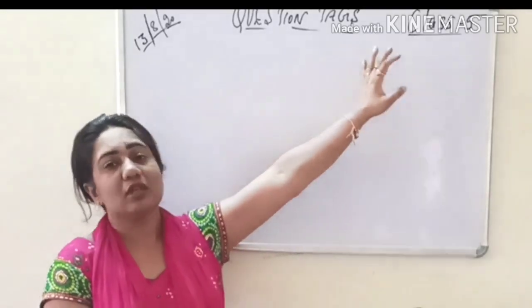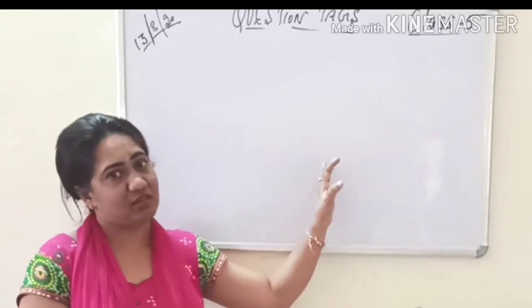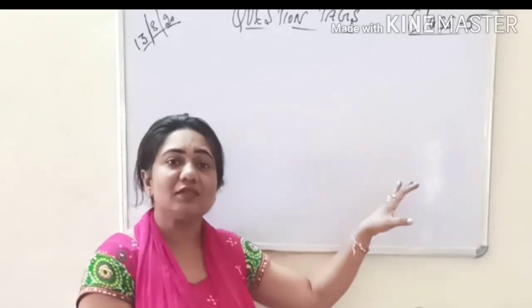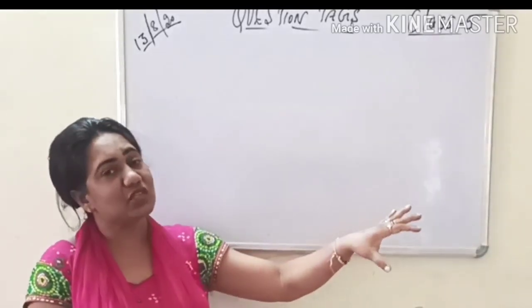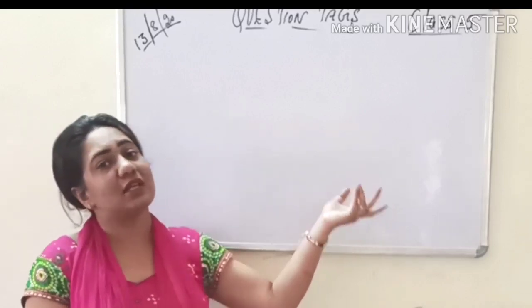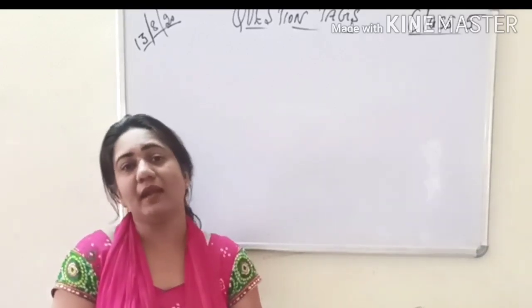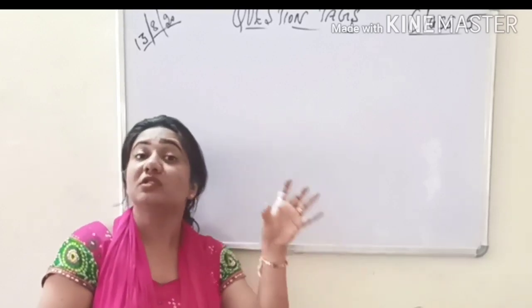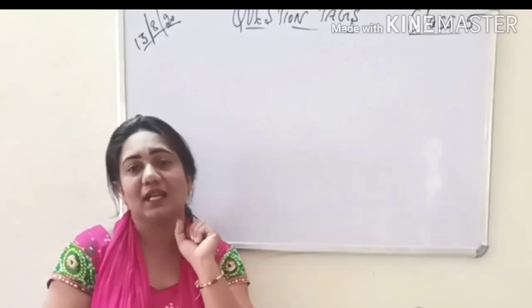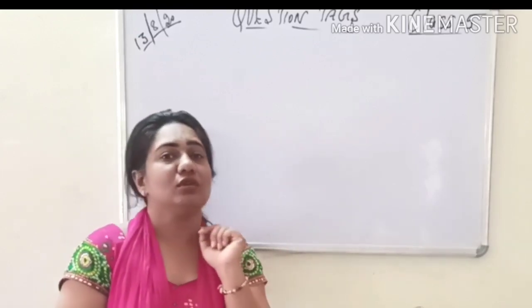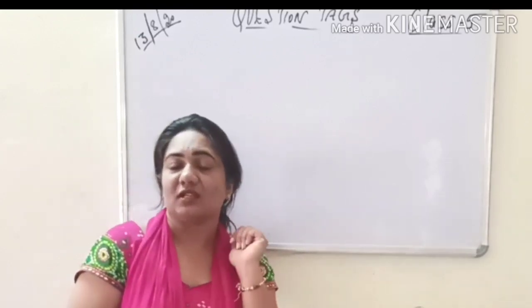If you have a negative sentence, it will be a positive question tag, and if it is a positive sentence, then a negative question tag. We use contractions in the negative one, like don't, can't, shouldn't, instead of do not.